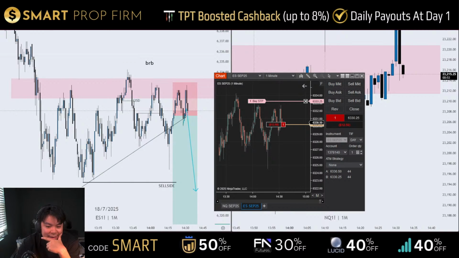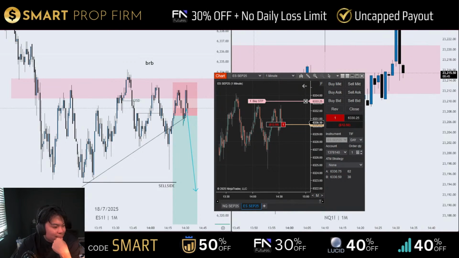Do we get spiked here, chat? Trump's going to say something. It's going to be like, blow, account's blown. 100 point move.